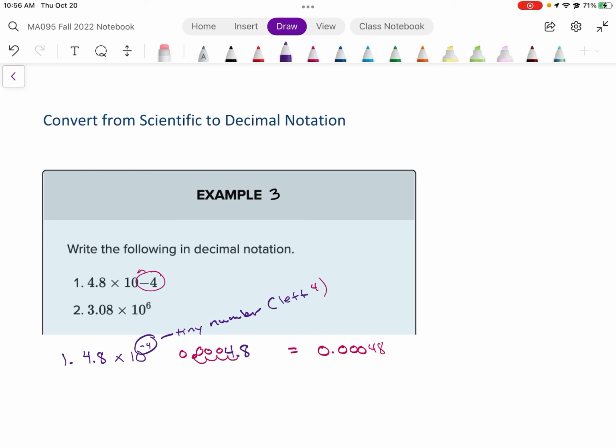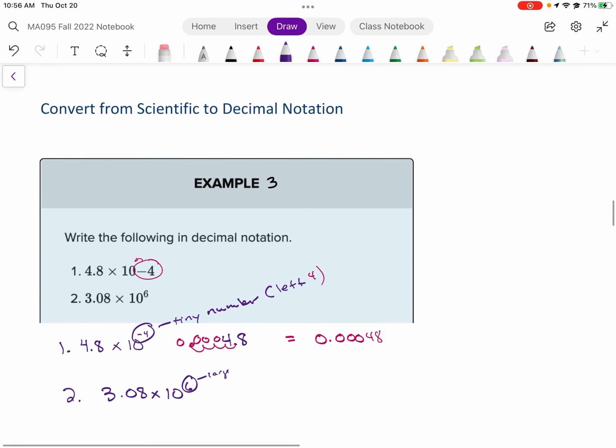All right, let's try the next one. 3.08 times 10 to the 6. So big number, small number. Hopefully you see it's going to be a large number, definitely bigger than 3.08. So let's write 3.08, and I'm going to have to count to the right to make the number bigger. 1, 2, 3, 4, 5, 6.